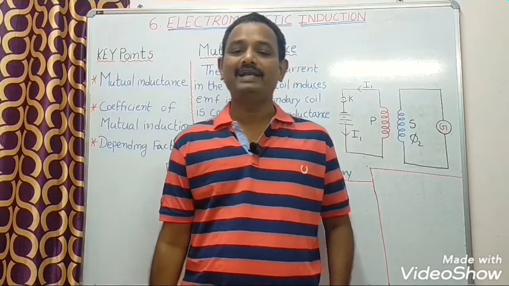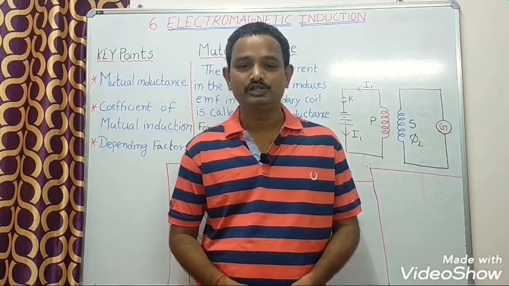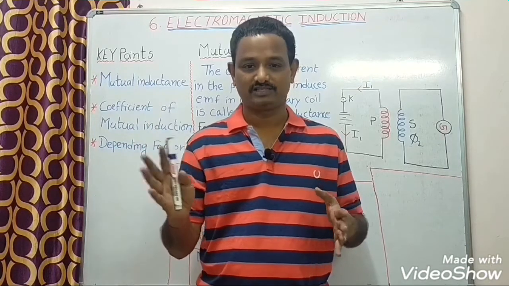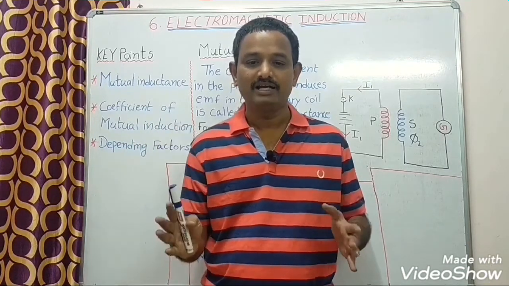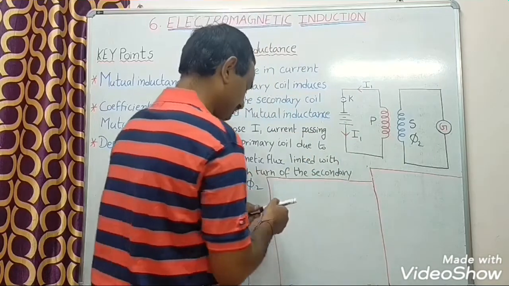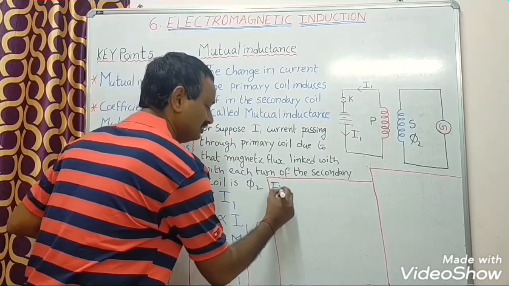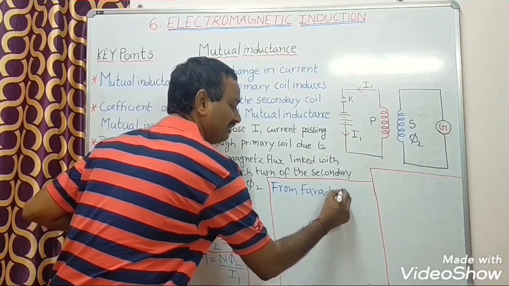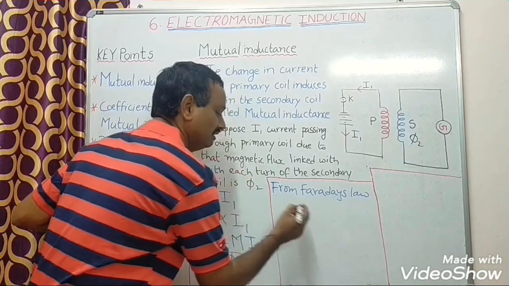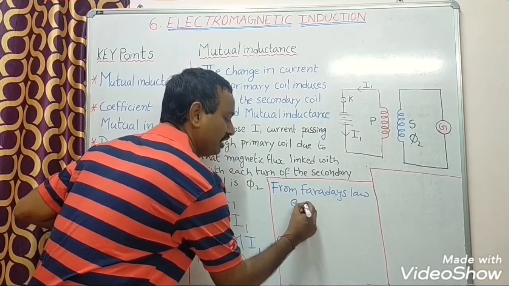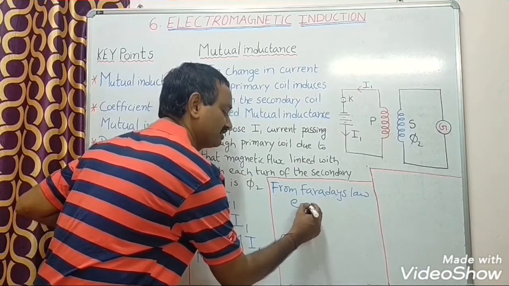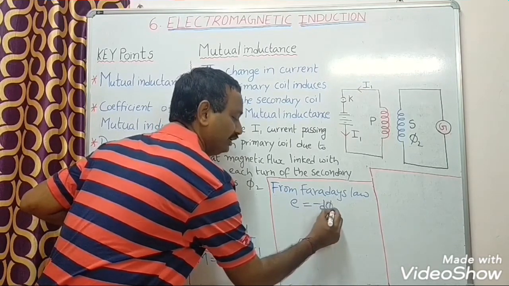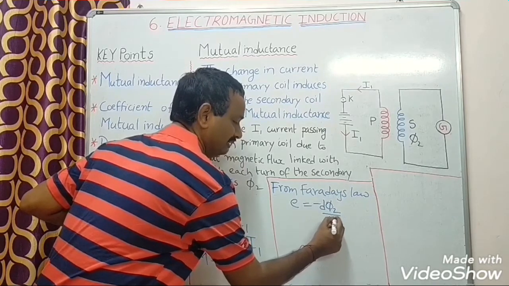But from Faraday's laws, induced EMF opposes the change in magnetic flux. So from that I can write, look at here, from Faraday's laws, induced EMF opposes the change in magnetic flux, that is E equal to minus d phi2 by dt.